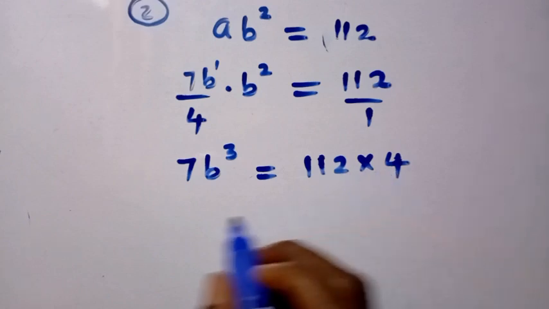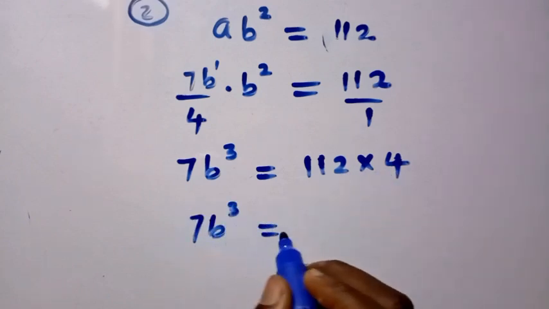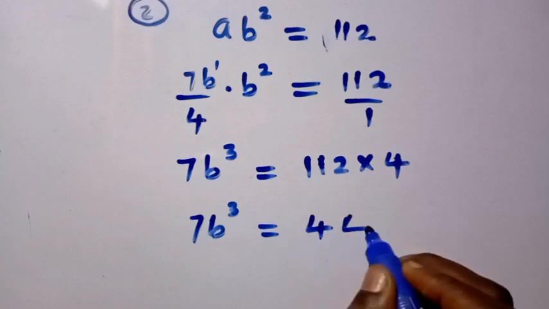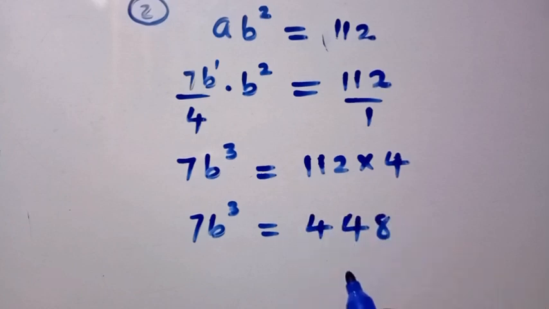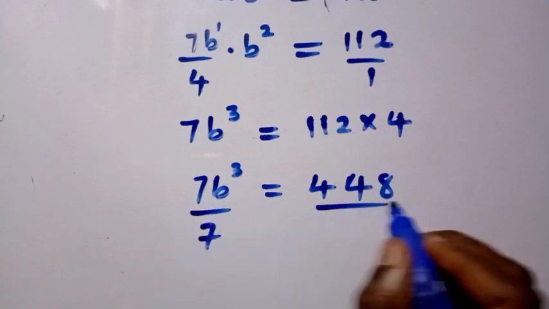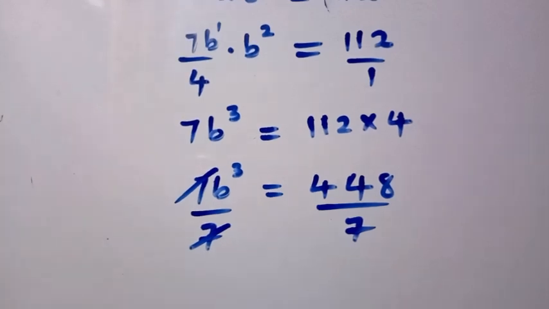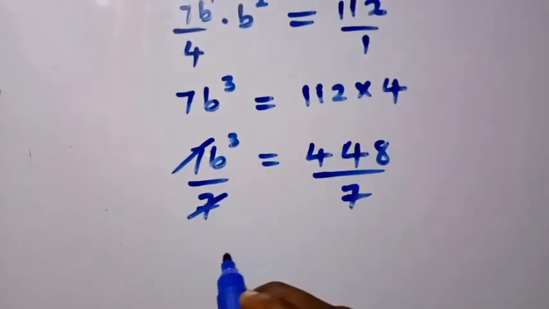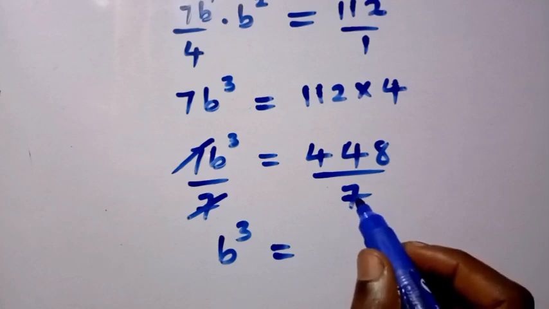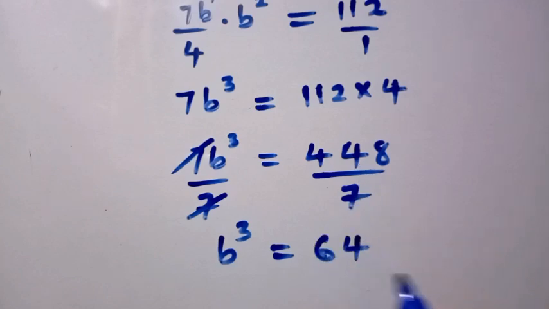We have 7b raised to power 3 equals 448. Then we divide both sides by 7, so this cancels this. And here is b raised to power 3 equals 64.